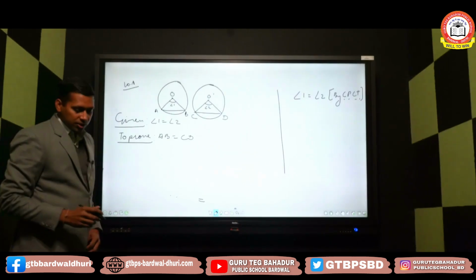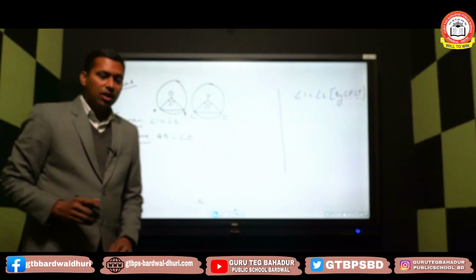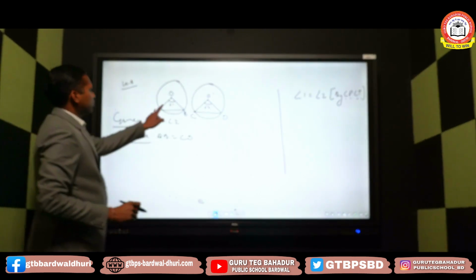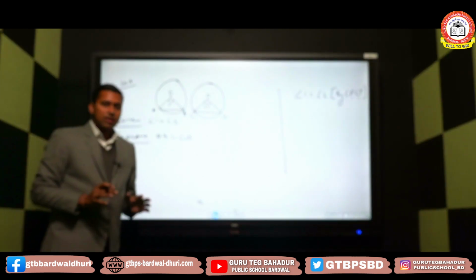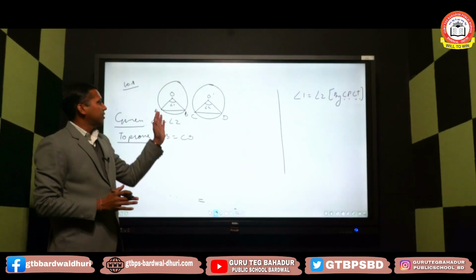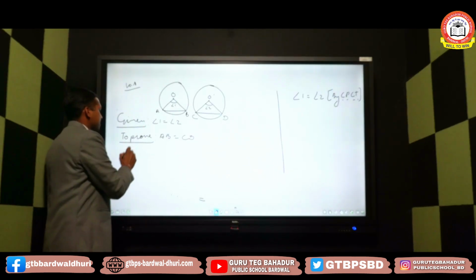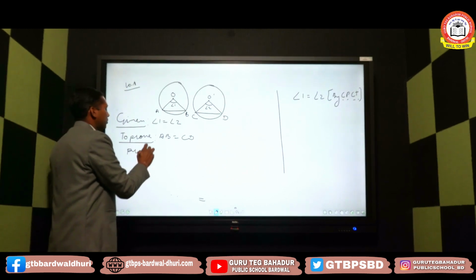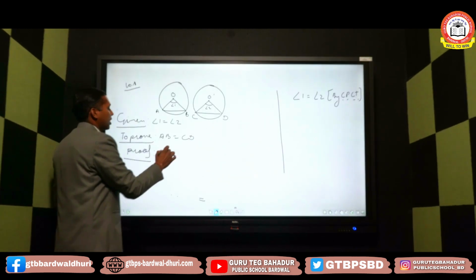Now again the same case: if we prove these two triangles congruent to each other by any congruence rule, then AB is equal to CD. So again we have to prove these two triangles congruent. How?